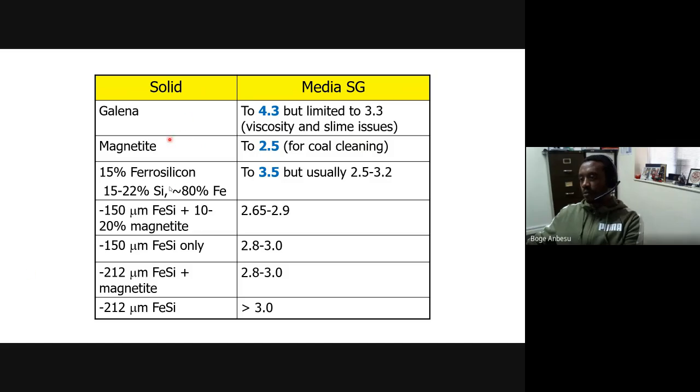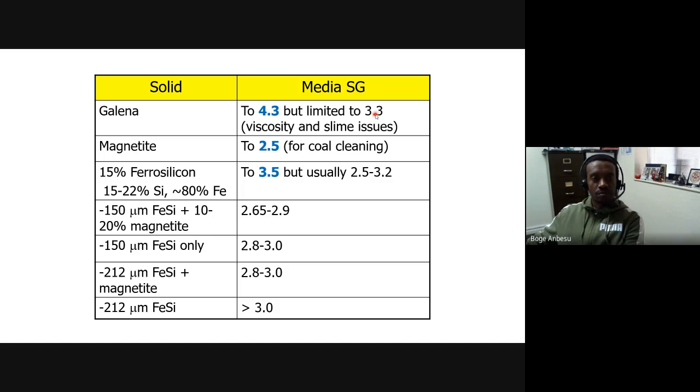Okay, so what are some of the considerations? In this case, for example, you could use mineral particles like galena and magnetite. For galena, you could probably generate a media specific gravity of something around 3.